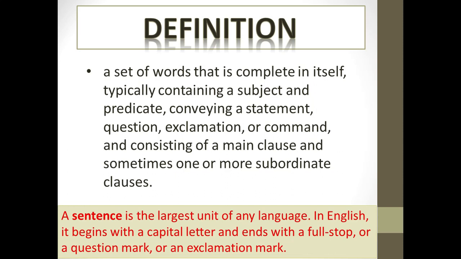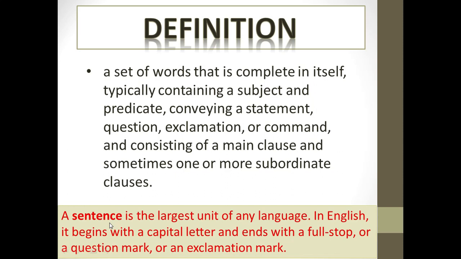Now, the other definition that I have written in red is for beginners. We give this definition to beginners: a sentence is the largest unit of any language. In English, it begins with a capital letter and ends with a full stop or a question mark or an exclamation mark. All of us know that a sentence always starts with a capital letter, and when we finish a sentence we put a full stop.